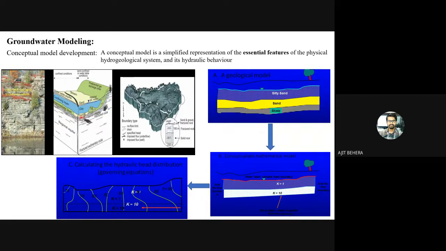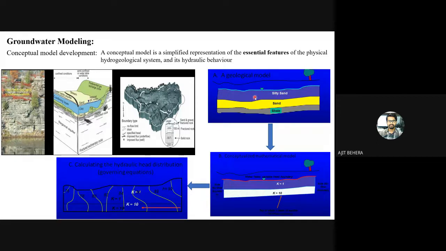Then, after this conceptual model, we prepare a groundwater flow model using software. Here we have used Visual MODFLOW, which uses the finite difference method. Here you can see the geological model, with the water table, then silty sand, sand and shale, so three different layers.